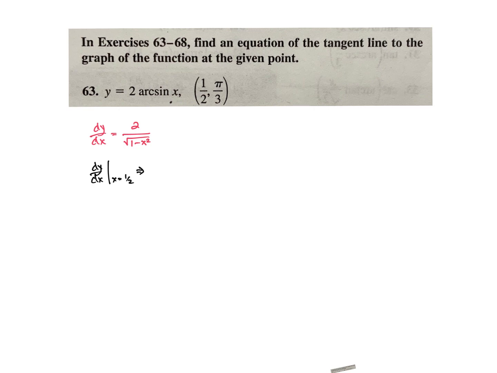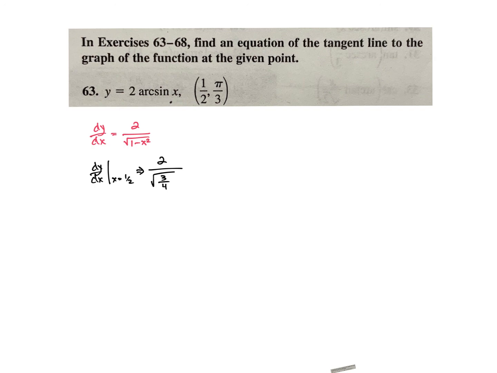All right. So when I substitute in 1/2 right there, 1/2 squared is what? 1/4. So then 1 minus 1/4 is 3/4. So now I have 2 over the square root of 3/4. Now I could keep going with this because what's the square root of 3/4?